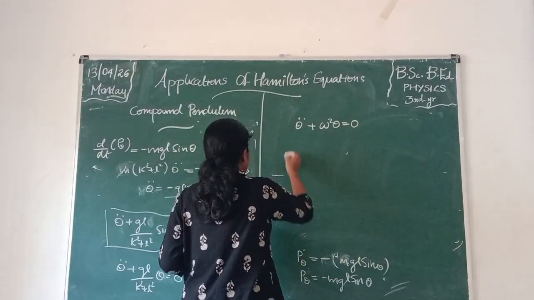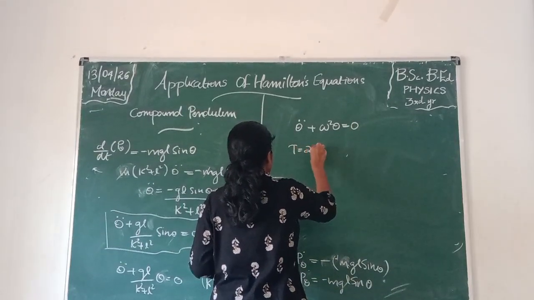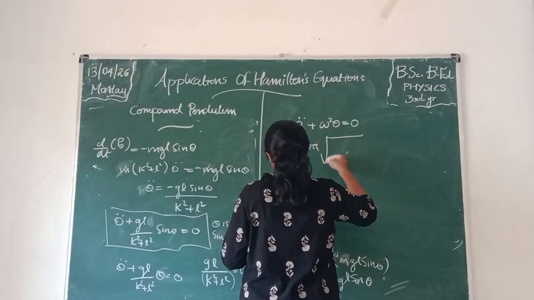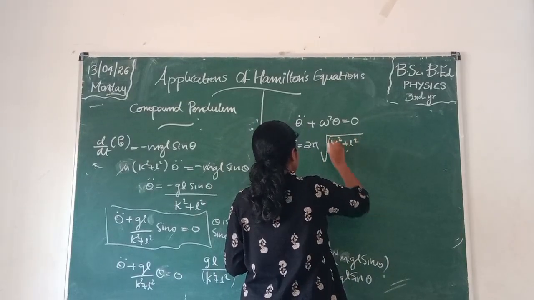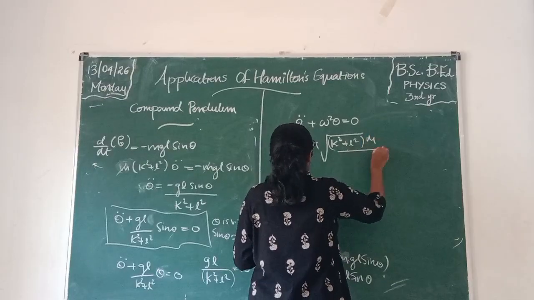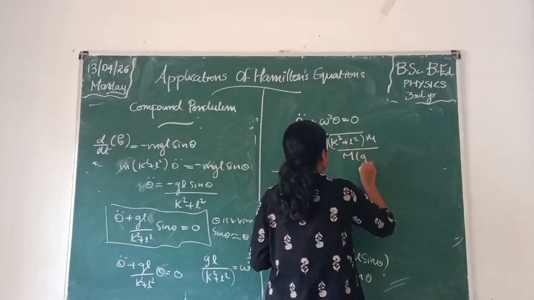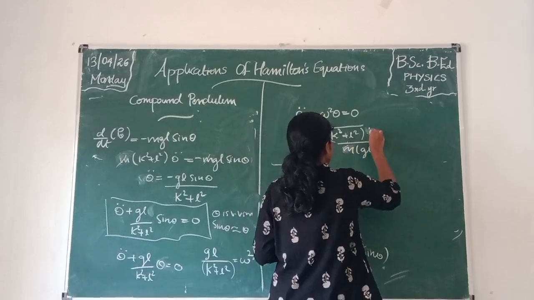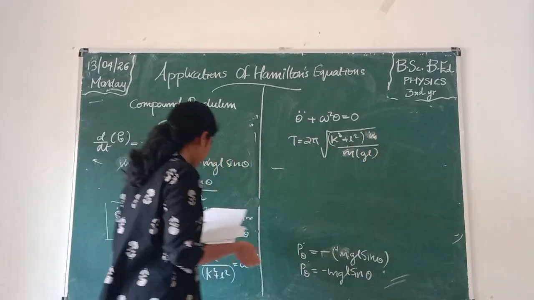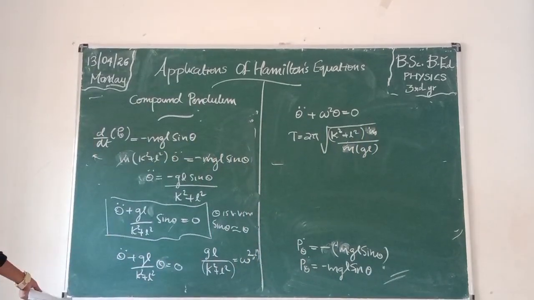And we know the time period T is equal to 2 pi by omega. Here also we can stop.